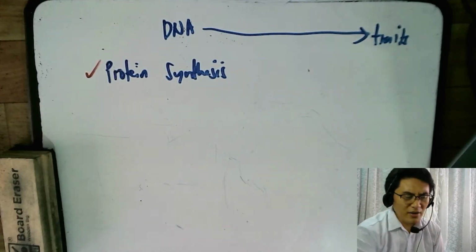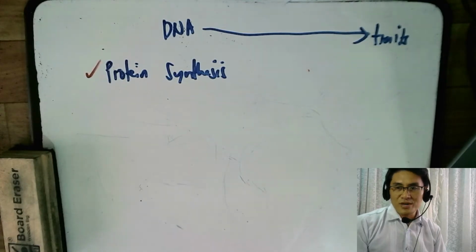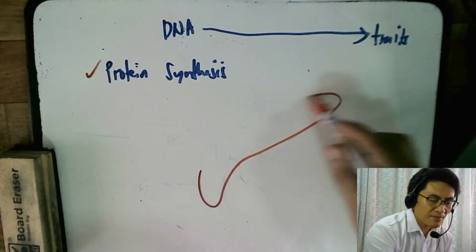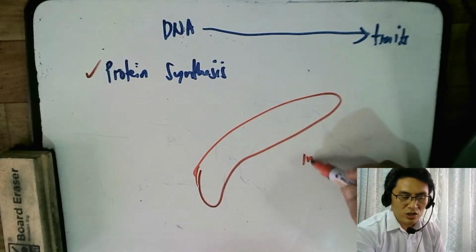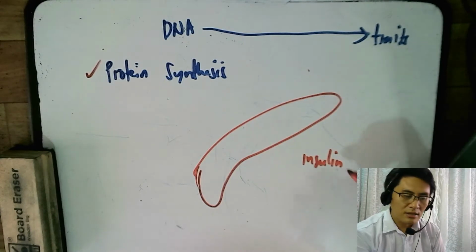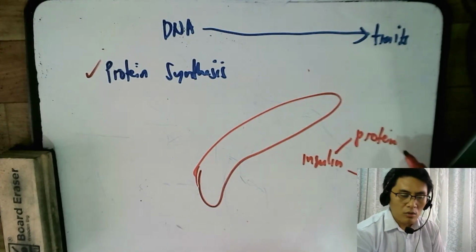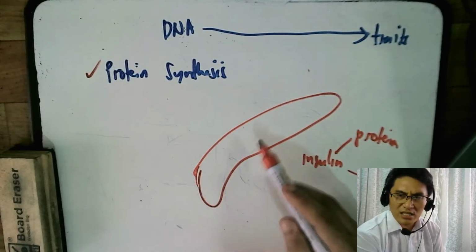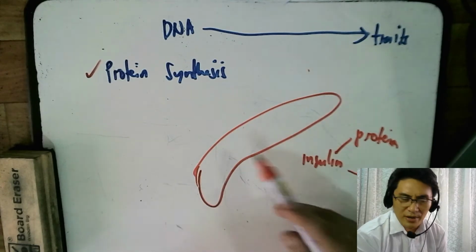Okay, now another example is, let me remind you of our topic in the endocrine system. So for example, in the pancreas, if you are a pancreatic cell, obviously the job of the pancreas is to create insulin. But guess what insulin is? Insulin is a protein. So if the pancreas creates proteins, what part of the pancreas creates proteins?